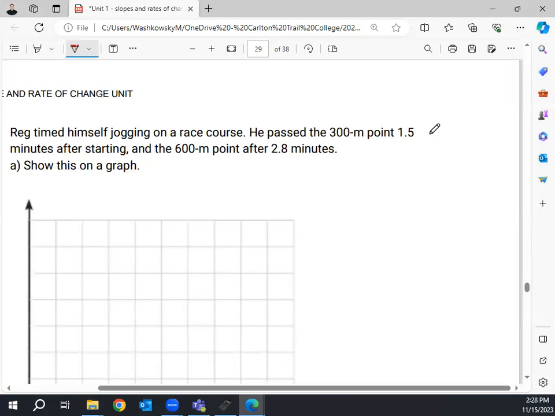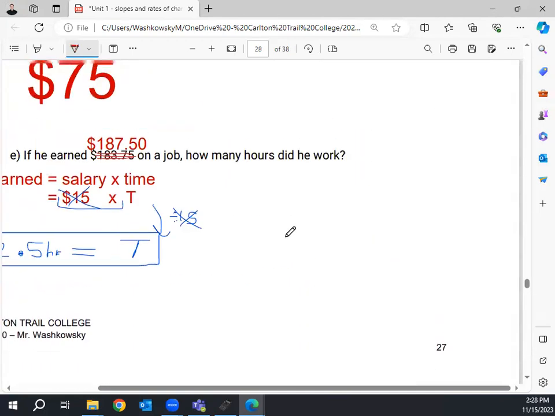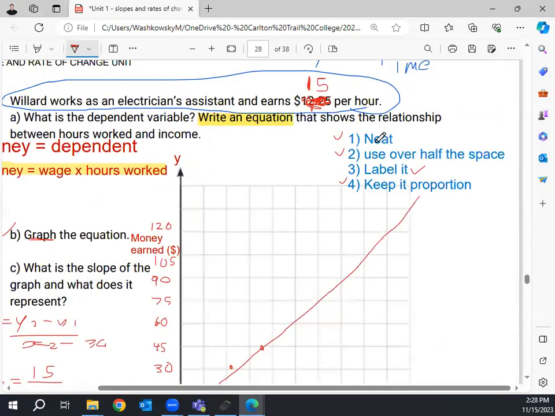So I'm going to give you guys like 5 minutes here. Just try and make a graph here. Think about these 4 little rules here. Give it a little bit of thought before you dive deep into it.